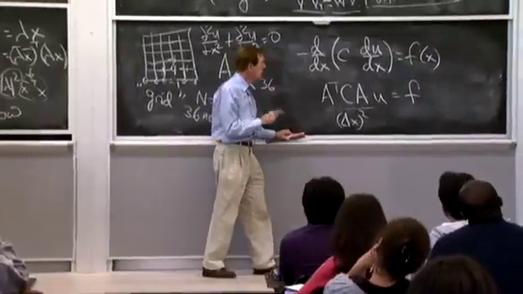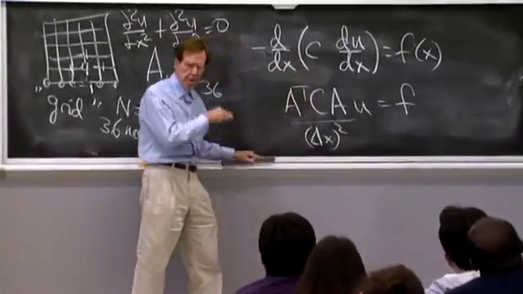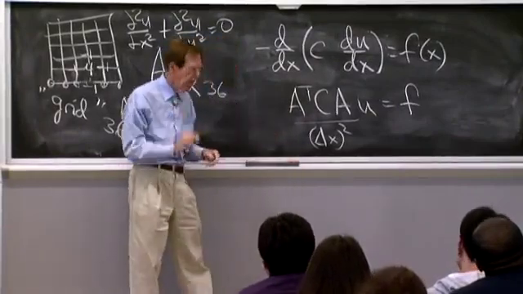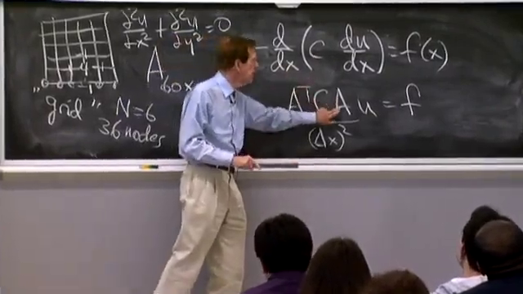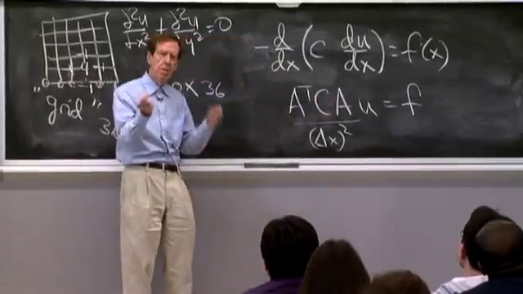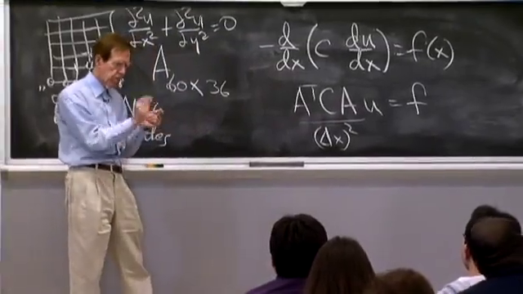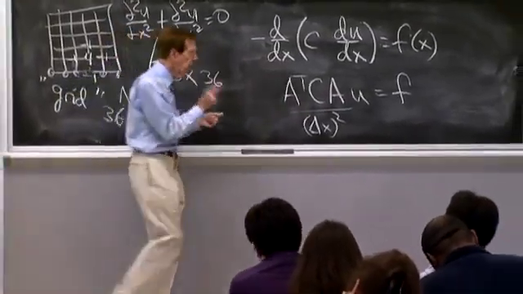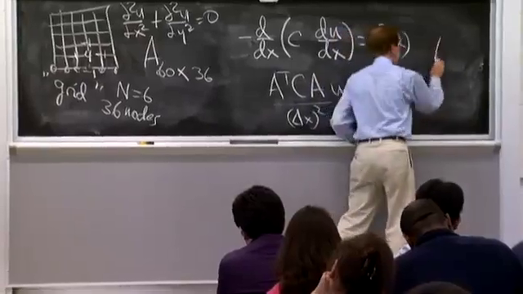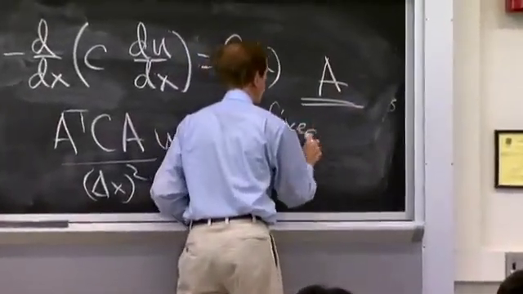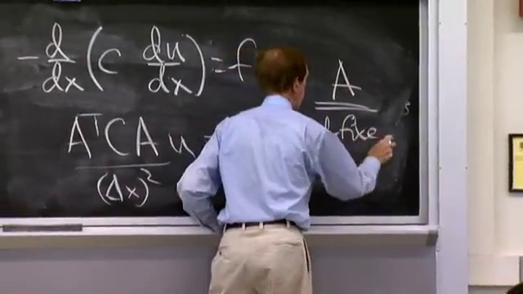I suggest take C to be 1, get C out of there, and just think again, what is the difference matrix A with the boundary? Either fixed-fixed or fixed-free. Those will be two different A's. What are the A's for fixed and for fixed-free?